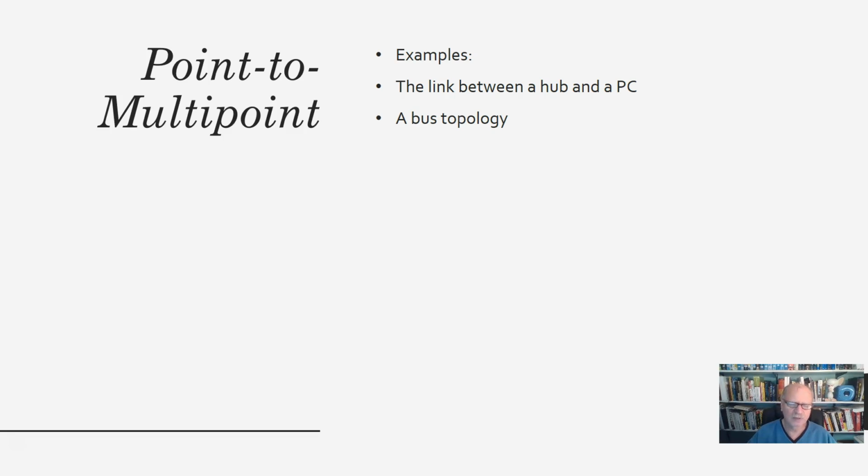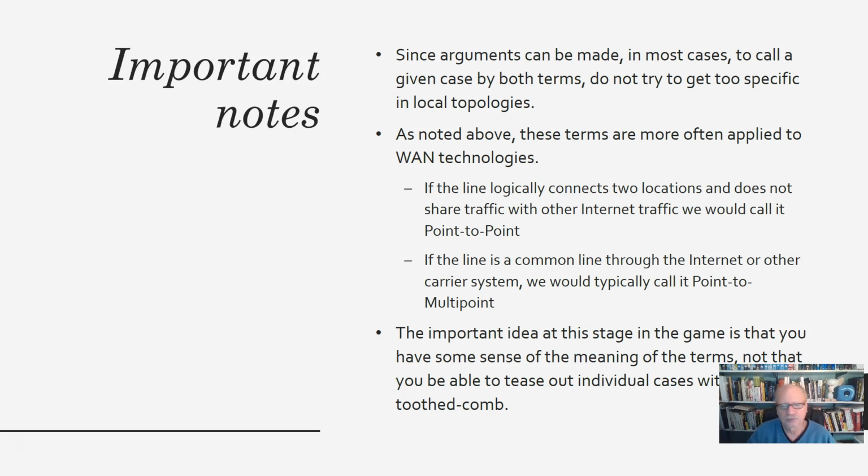So that link between the hub and the PC is not specific to the hub and the PC. There's other traffic that both the hub and the PC also see going across that same line. The bus topology is the same way. Anytime a PC or any other device puts out a signal, everybody can see it. So that would be a point-to-multipoint type of connection.